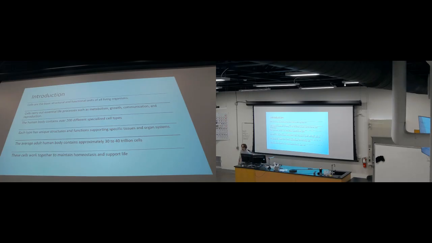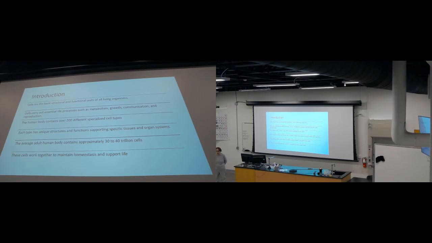So the cell is defined as the basic unit of life, and this unit of life has the different components that helps for having independent function, that it's unique. So all living organisms are made out of cells.